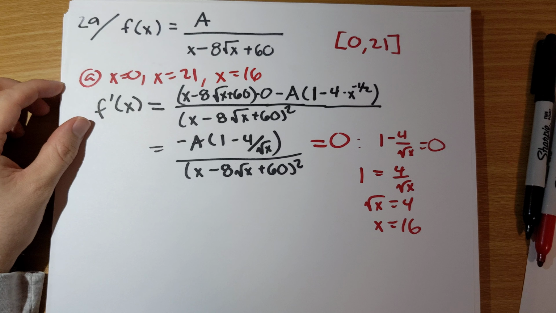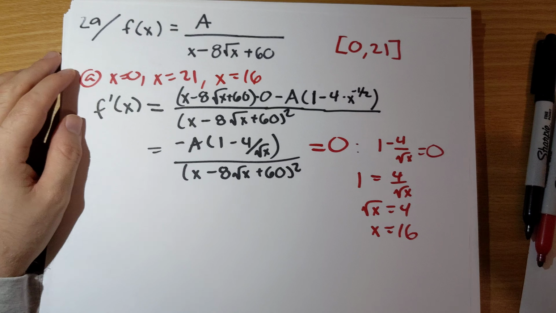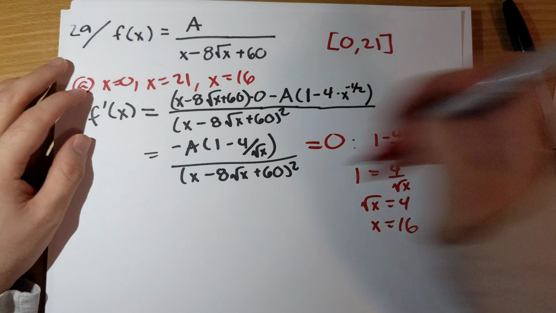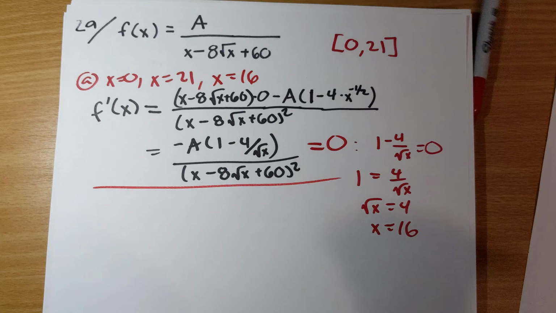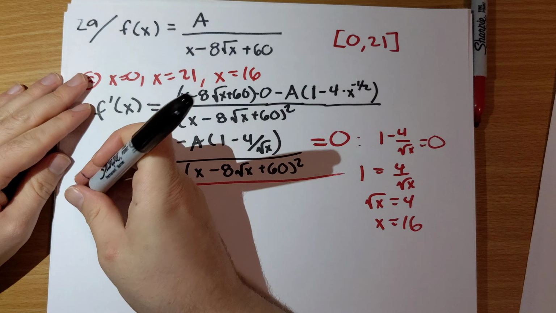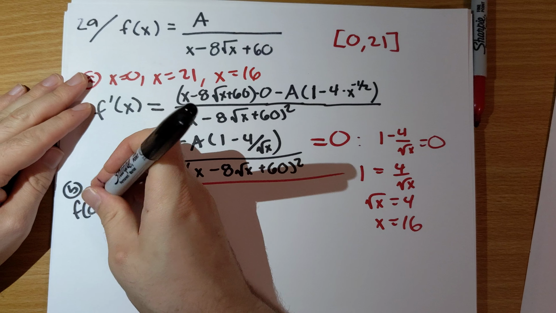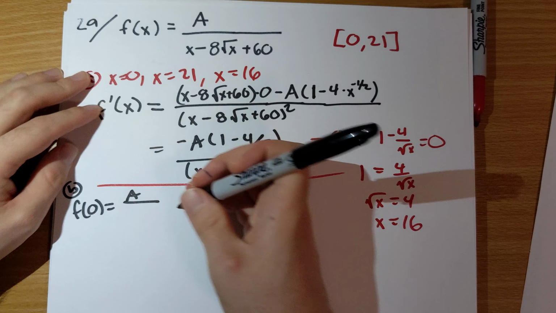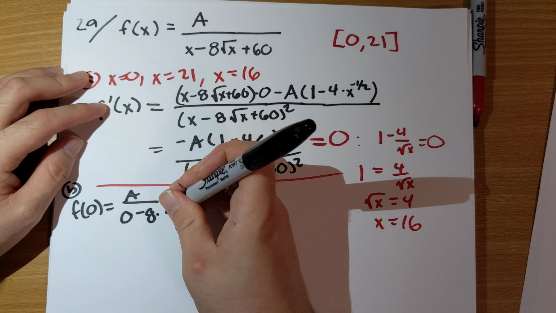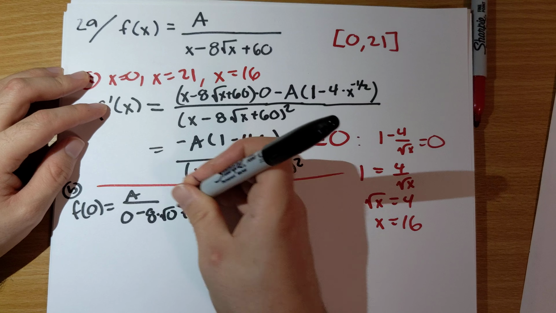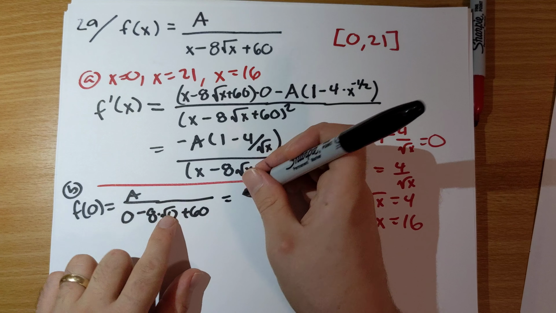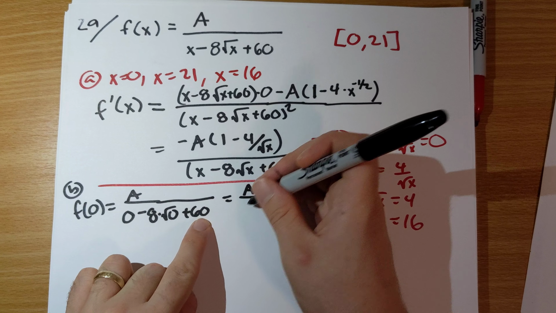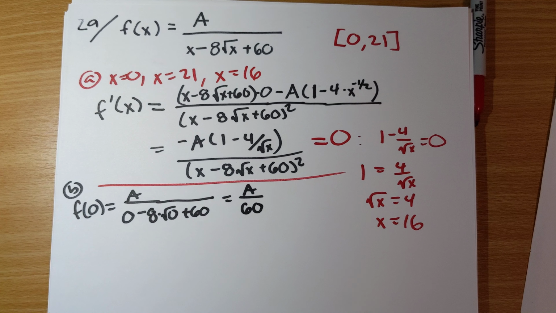Okay, at which x value does the absolute minimum occur? For part B, we have 3 candidates. f of 0 is a over 0 minus 8 times square root 0 plus 60. So that is a over 0 minus 0 plus 60, a over 60. Candidate number 1.